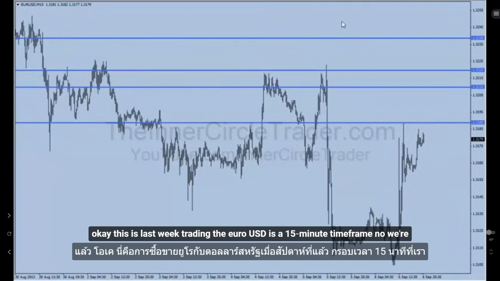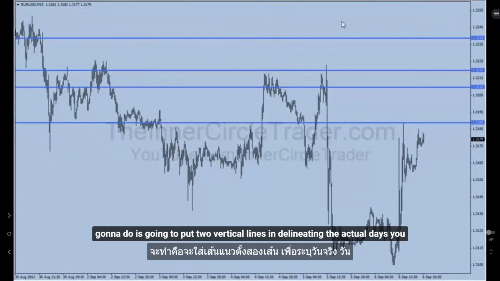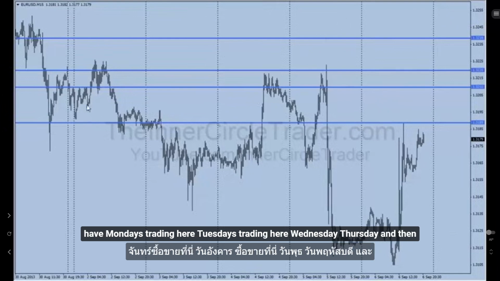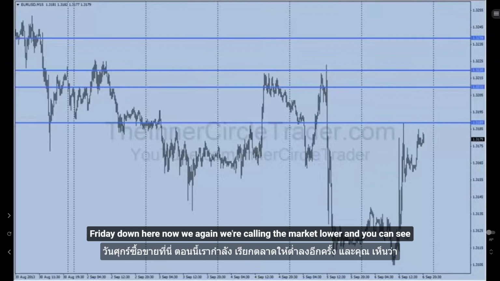This is last week trading the Euro USD. This is a 15-minute time frame. Now we're going to put the vertical lines in, delineating the actual days. You have Monday's trading here, Tuesday's trading here, Wednesday, Thursday, and then Friday down here.